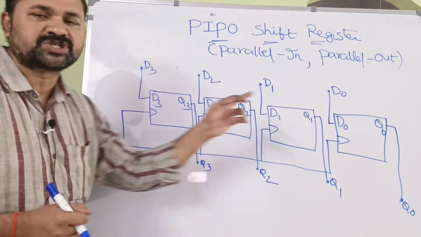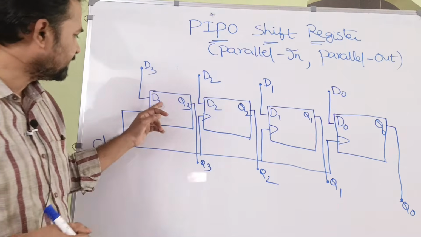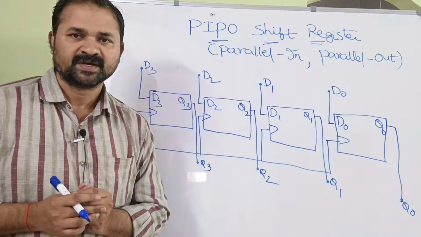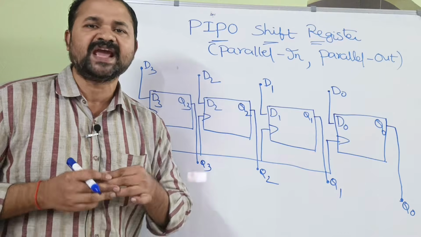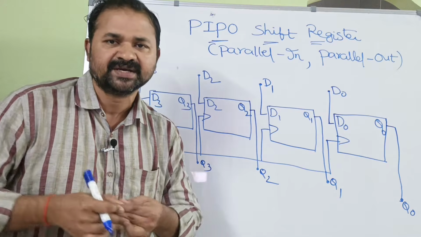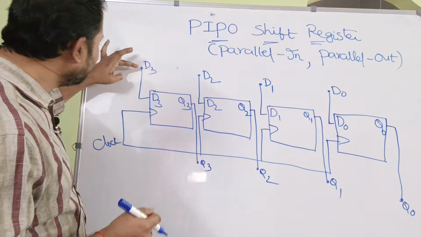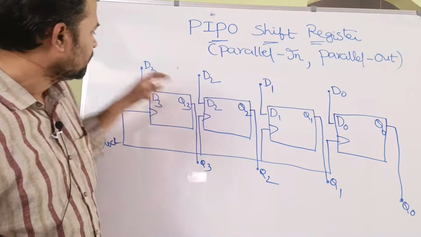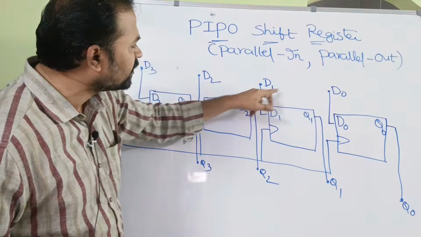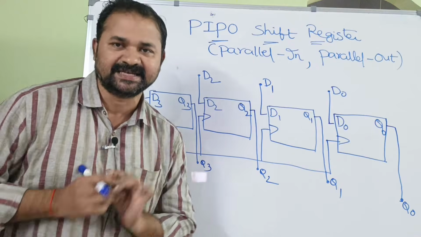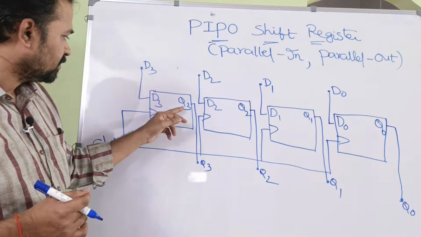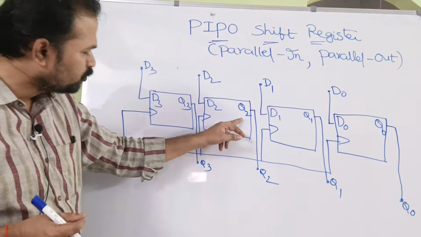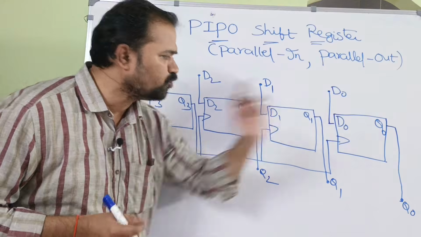Here the inputs of the flip-flop are D3, D2, D1, D0. And we know that we have to apply the inputs in parallel, so we have to apply these 4 inputs simultaneously. Next, the outputs of the flip-flop are Q3, Q2, Q1, Q0.